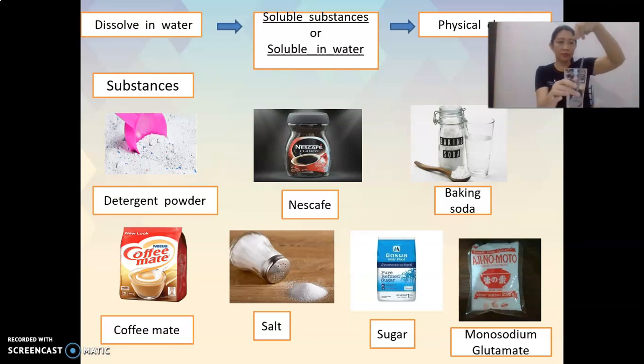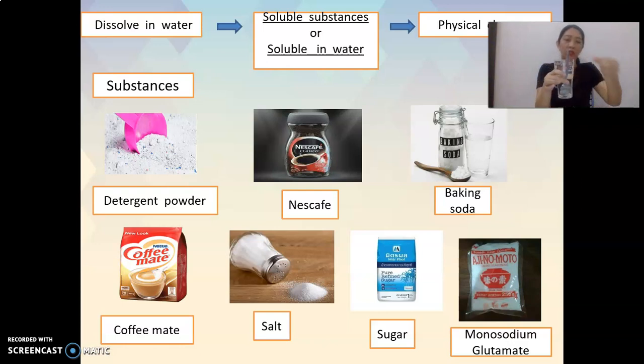When you add it into water, then stir, this is dissolved in water. Next is monosodium glutamate.